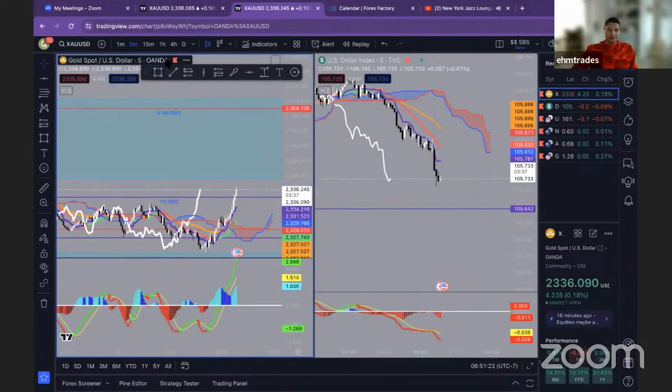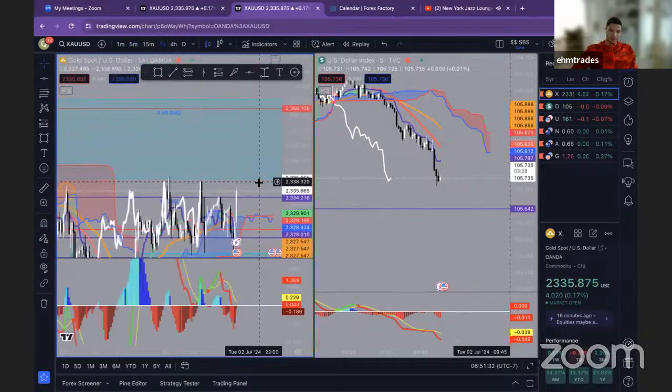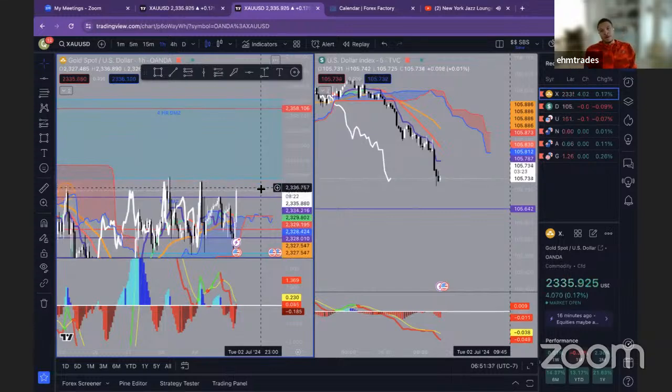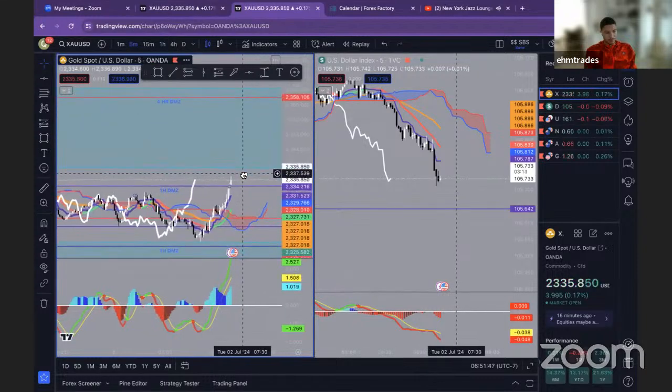MACD does need some retracement to happen on that 1 minute. So, based on things Fed Powell was saying, I definitely see bullish news coming in.